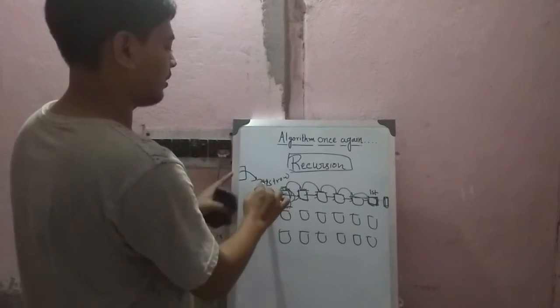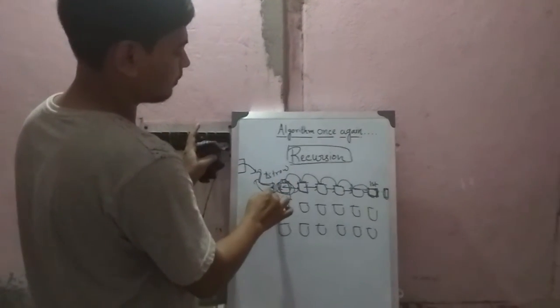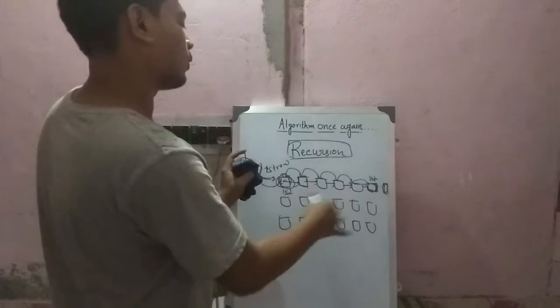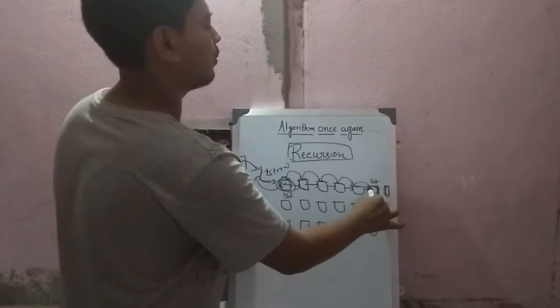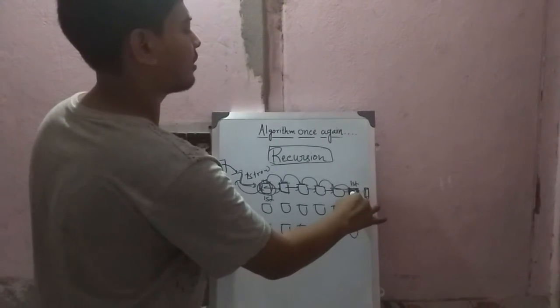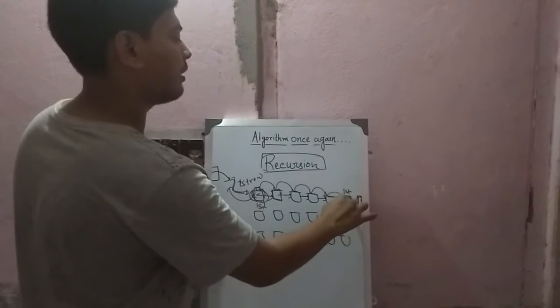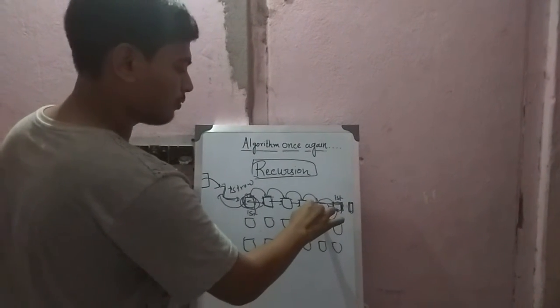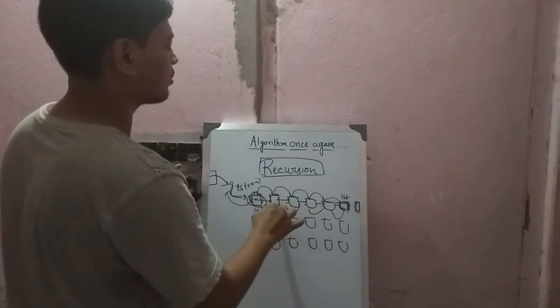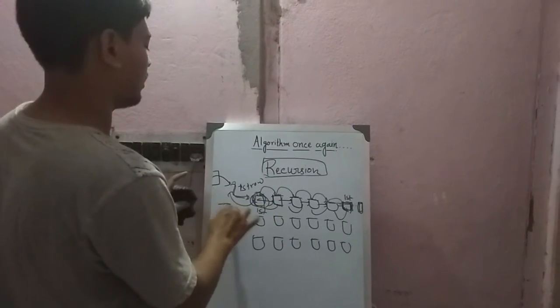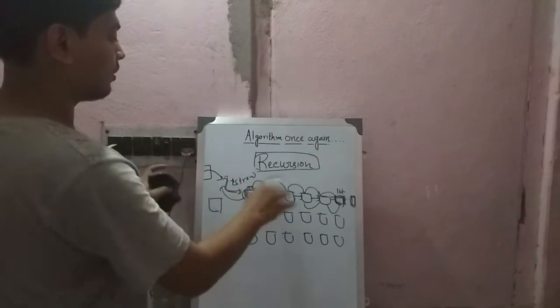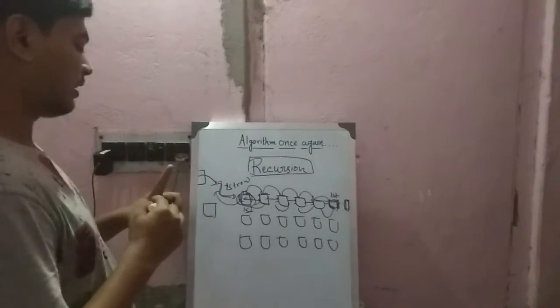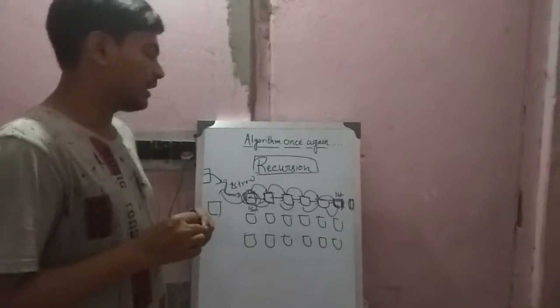See, first we go to the problem and we go deeper and deeper and deeper, and we find the solution. And after finding the last solution, we move to the next solution, and at last we find the ultimate solution. So this is thinking recursively, how to think recursively in an intuitive manner.